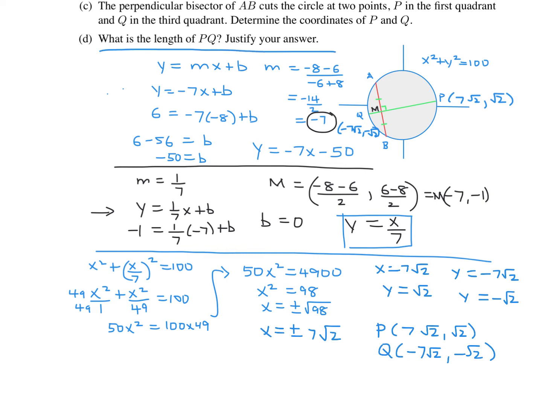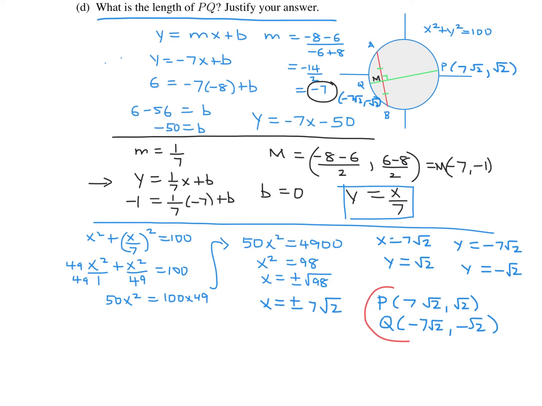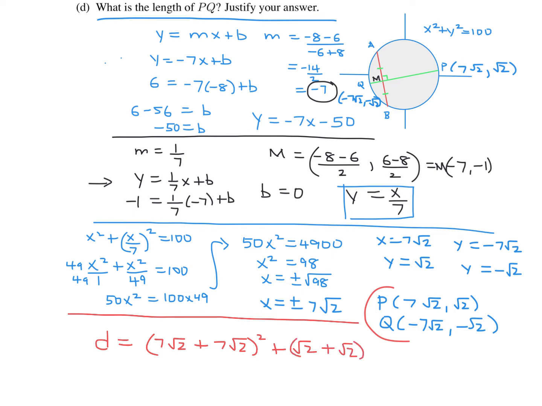What is the length of PQ? All right, the length of PQ should be pretty easy to figure out. We just have to use these 2 points right here with the distance formula. Okay, so the distance formula is d is equal to 7 root 2 minus negative 7 root 2, so we're going to add that, squared, and then root 2 minus negative root 2, which is root 2 plus root 2, all under the square root sign.